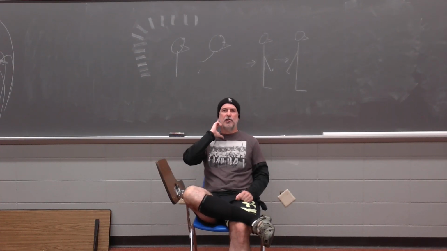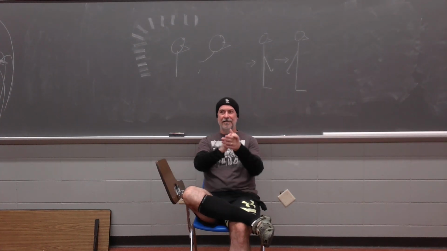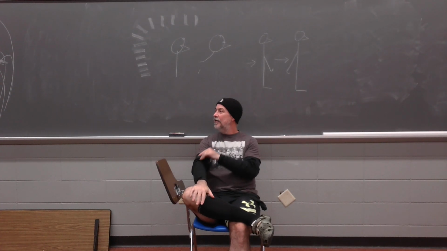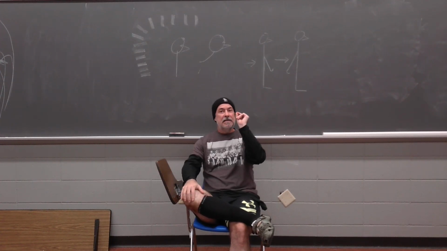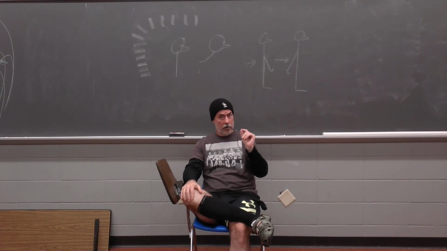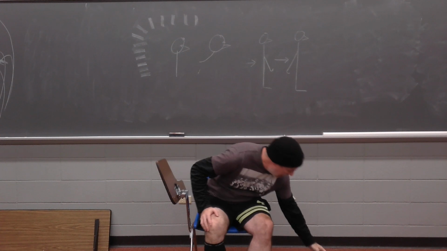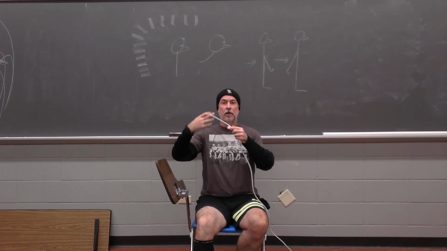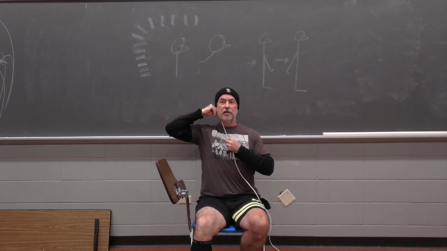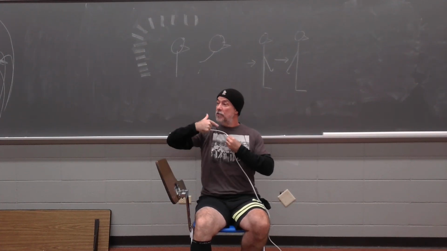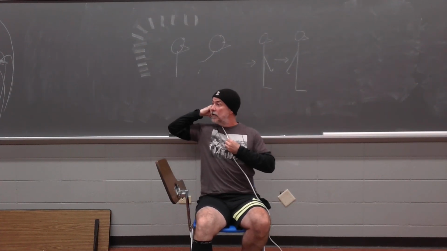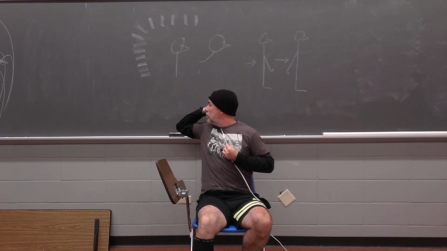If we're trying to stretch the right sternocleidomastoid, do I want to look to my left or do I want to look to my right? I want to look to my right. That is going to mess with you. It will. But I have to show you proof. Here's my right sternocleidomastoid. And when I look to my right, my right ear is getting further away from my sternum. It's getting longer here.